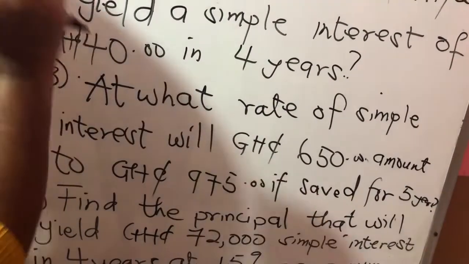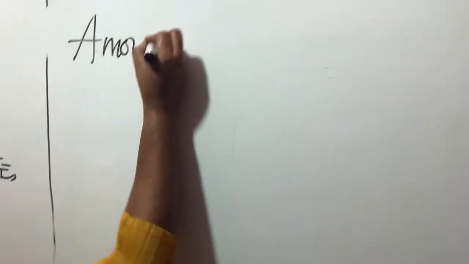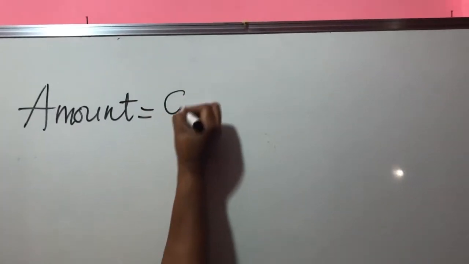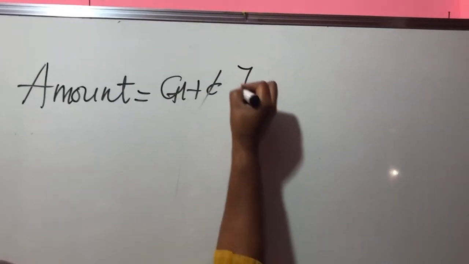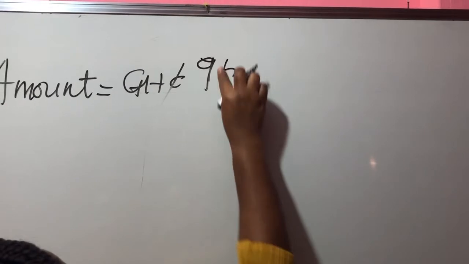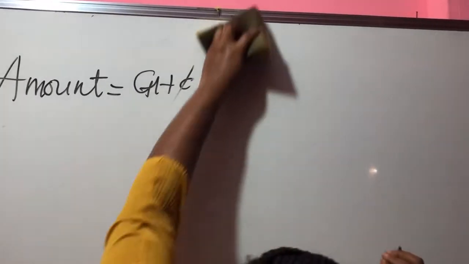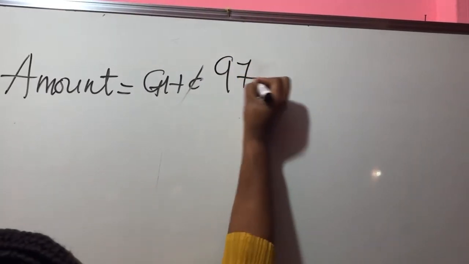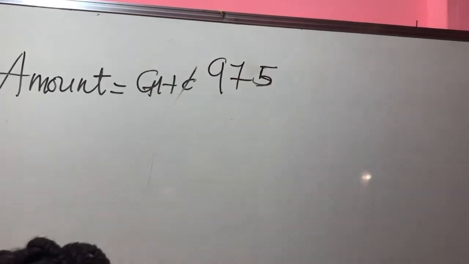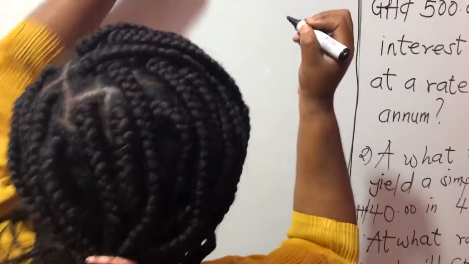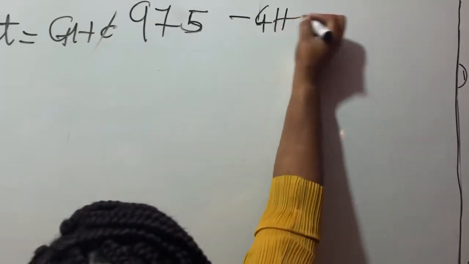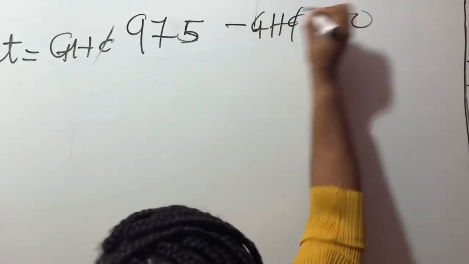So let's come here. Amount is equal to what? Don't forget your currency. 975 cedis minus 650 Ghana cedis.